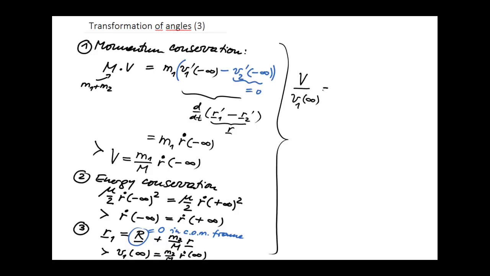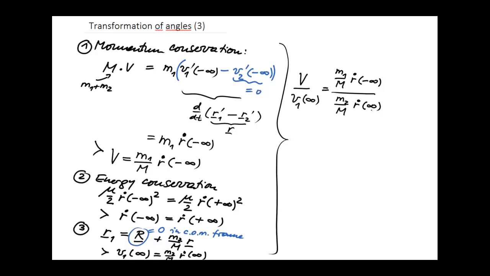We use the result from momentum conservation for capital V. We express that as m1 over total mass times r dot, the change in distance at time minus infinity, and we express the velocity v1 at time infinity with the help of the third result on the left-hand side, that is m2 divided by the total mass times r dot at infinity.